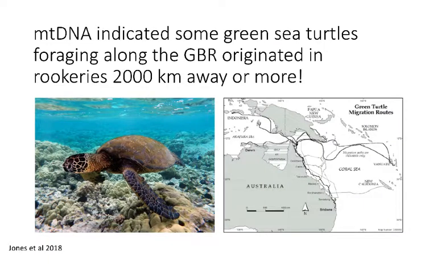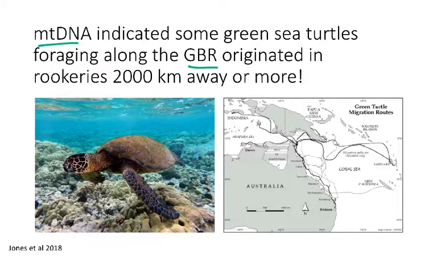So a similar sort of thing was found in green sea turtles. So this study was done in Australia, and in this case they used mitochondrial DNA to figure out, they were sampling turtles from foraging grounds in the Great Barrier Reef, and they used mitochondrial DNA to determine the rookeries or where those sea turtles were born.